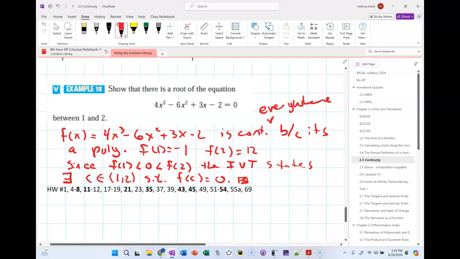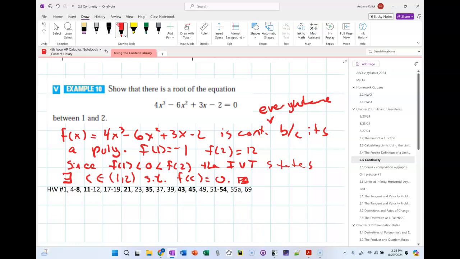So what I did, I showed the function was continuous. I found a y value above and below the y value that I need to find, right? So if I'm looking for y equals 0, I found a negative and a positive, and then I just stated the intermediate value theorem. Have to show continuity first. Every time you run into an intermediate value theorem, it's the first thing you need to show.